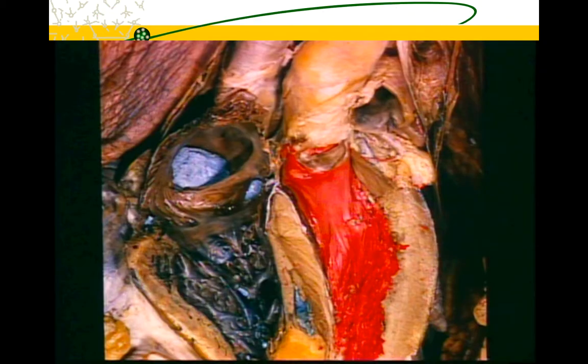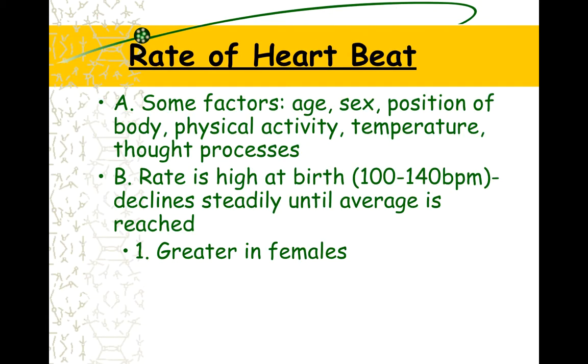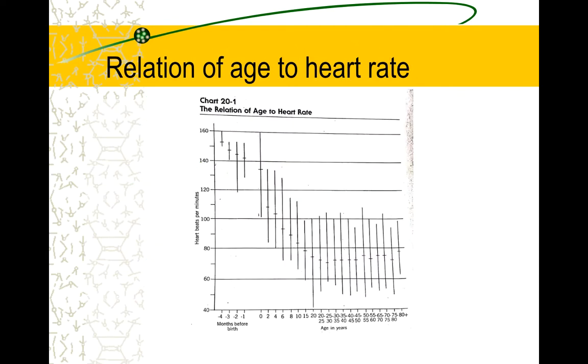Anyway, so in your lifetime, you are going to have a heartbeat, and here is the age relation of your heart rate to age. And you'll notice that before you're born, you have the greatest heart rate. The heart rate can be as fast as about 160 beats per minute. And then slowly as the fetus develops inside the mother, the heart rate drops.